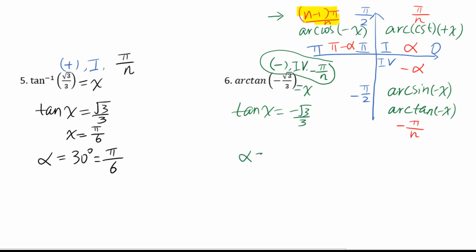Then alpha equals 30 degrees, that is pi over 6, because tangent 30 degrees equals square root of 3 over 3. Then x equals, using this pattern to write down your answer, negative pi over 6.